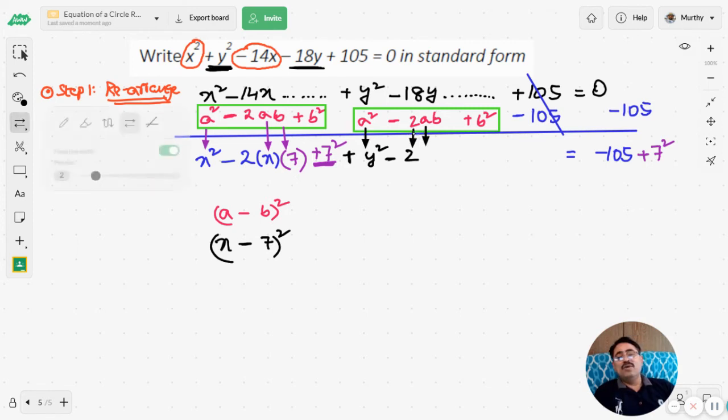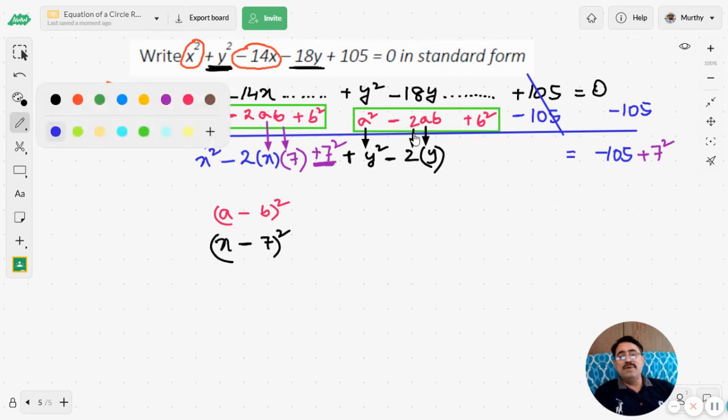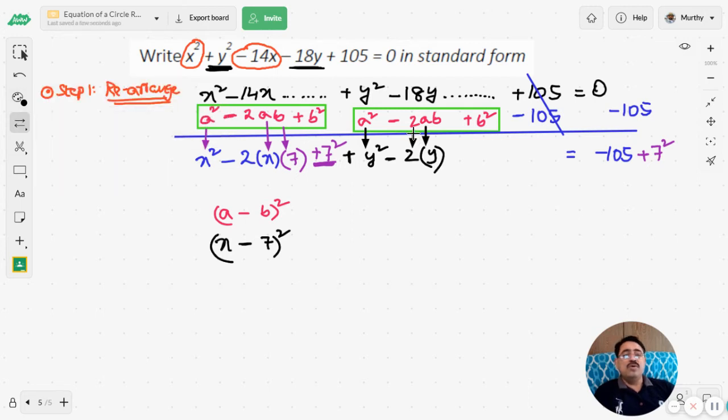No doubt, it should be y. Now, what to copy in the place of b? This is a bit, have to think. So 2y times what value that makes 18?